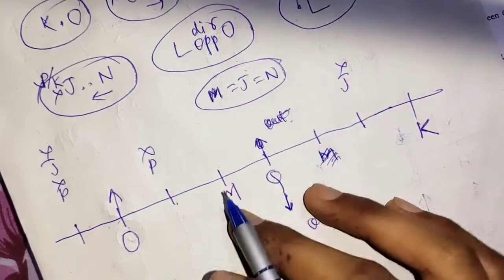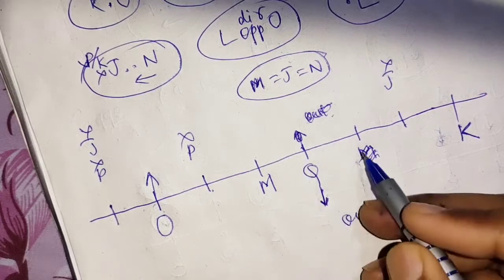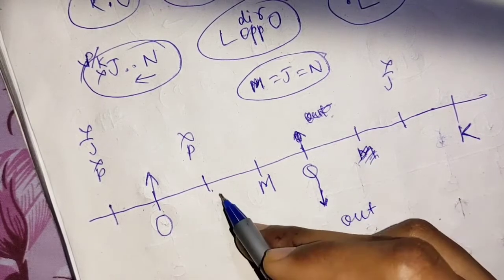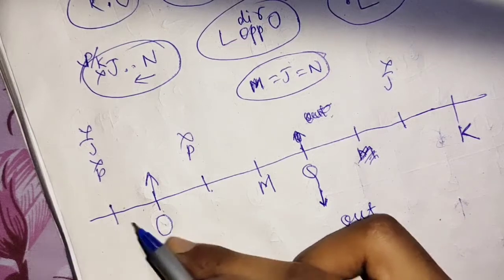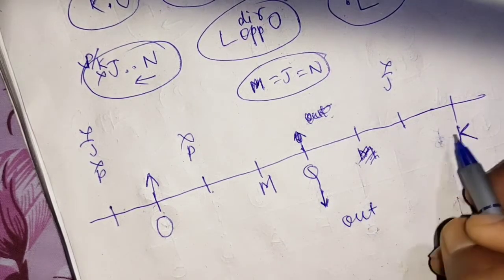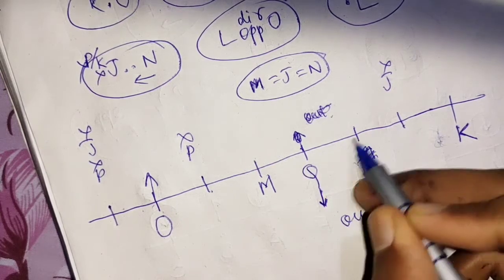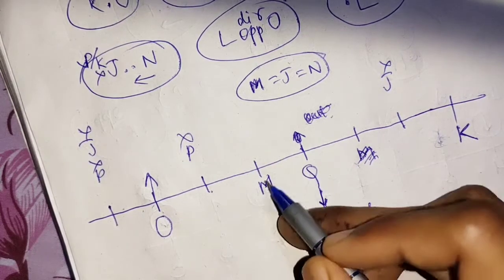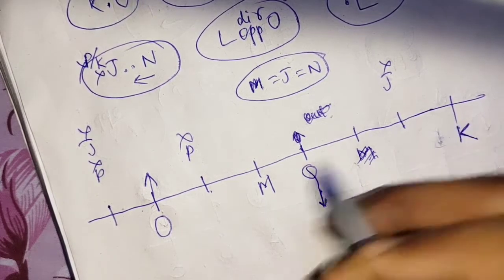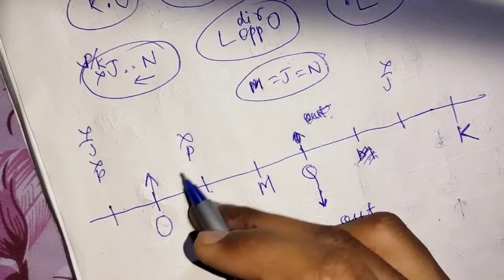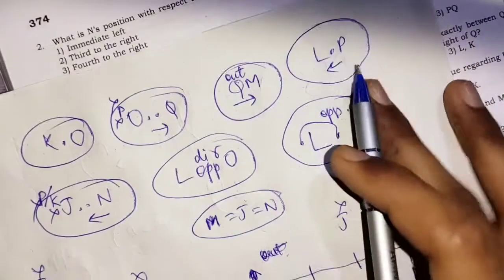There are only two places for J, one is this and the other is this. If we place J here, then at a gap of 2 persons N can be placed here, and if we place J here, then at a gap of 2 persons N can be placed here. So again there are two possibilities, so we will check any other.